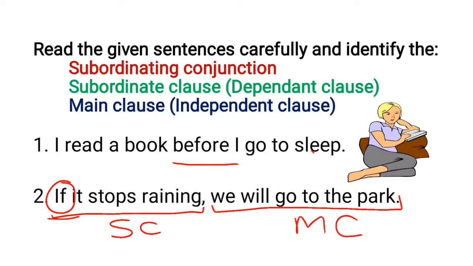It has its own meaning, but this particular clause has to depend on this main clause for its full meaning, and this clause has been introduced by the subordinating conjunction if, and that is why if is a subordinating conjunction here. I hope now it's easy for you to identify a subordinating conjunction in a sentence.